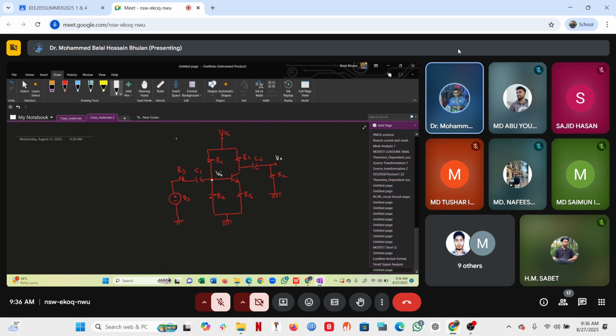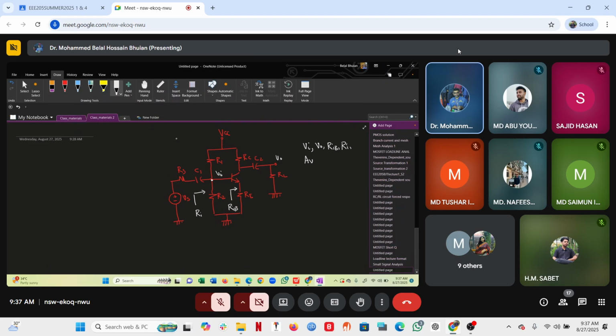Number one, we have to determine the expression for VI, the expression for V naught, then RIB, so the impedance that you're going to see looking into this side, and then RI, and then gain.